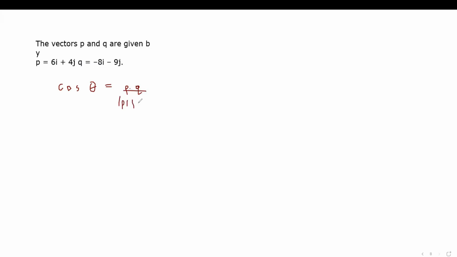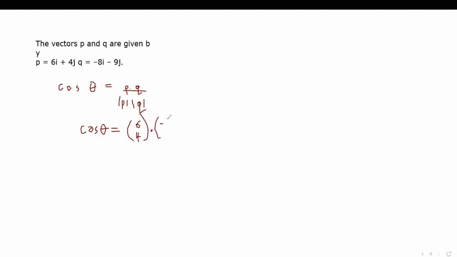That's a joke question, really? But let's just do it real quickly. So now the cos of theta is going to be equal to P, which is 6, 4. Remember, the I component is the X, so just write 6, 4, dot Q, and Q is minus 8, minus 9.